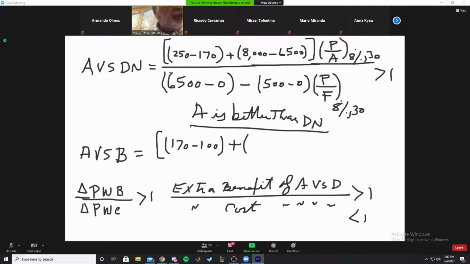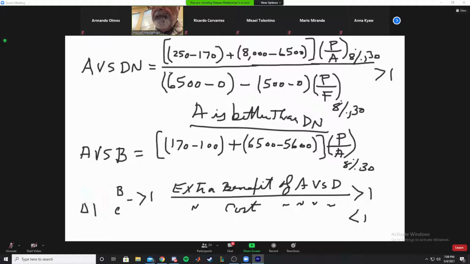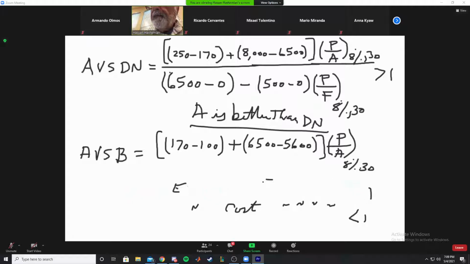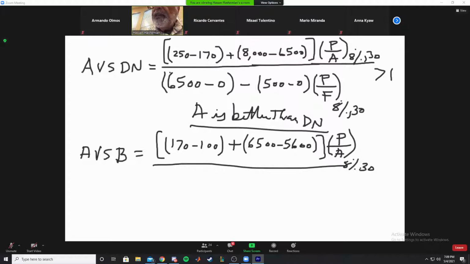Difference between the user cost, which is 6,500 minus 5,600. So these are all annual. You multiply P over A at 8% and 30 years, right? And then divide it to find what would be the extra cost.